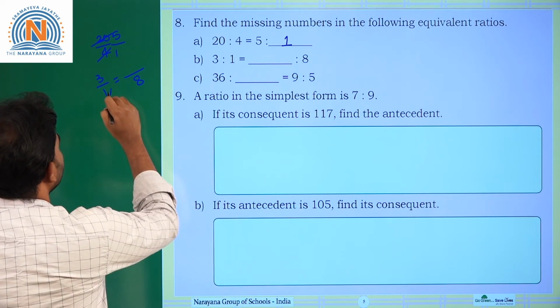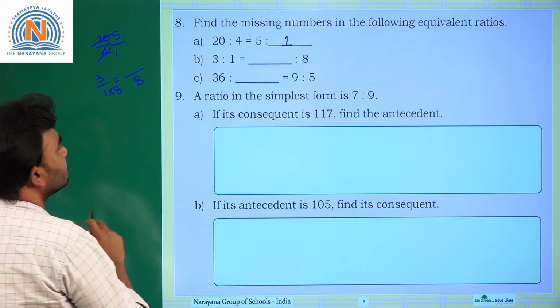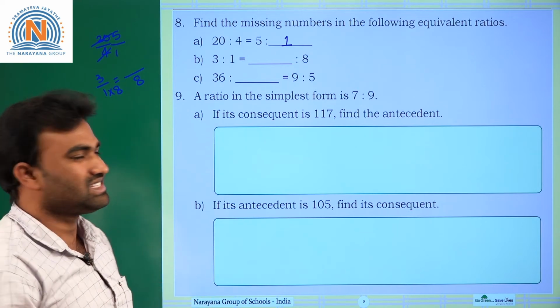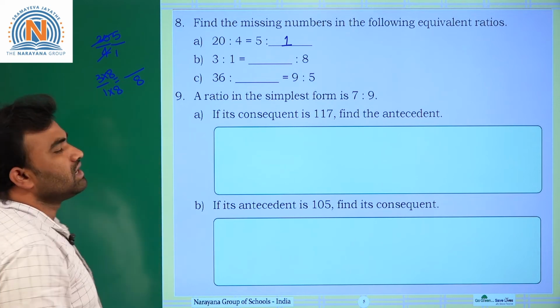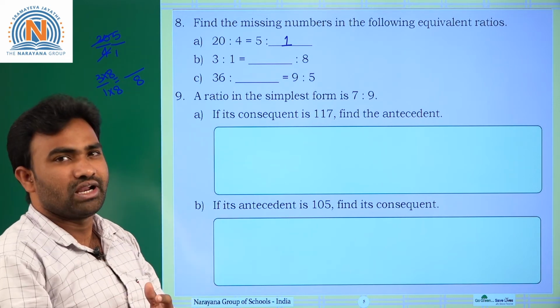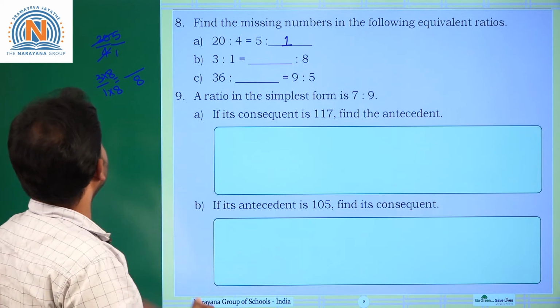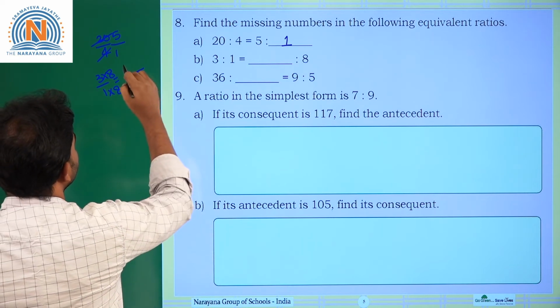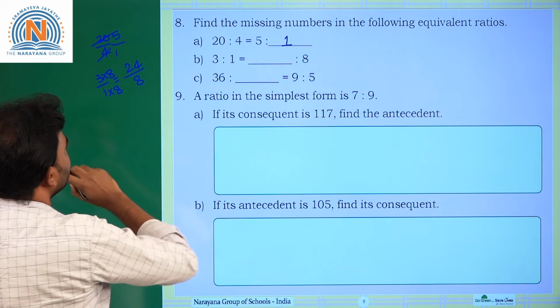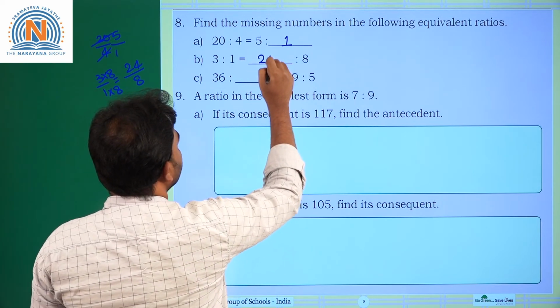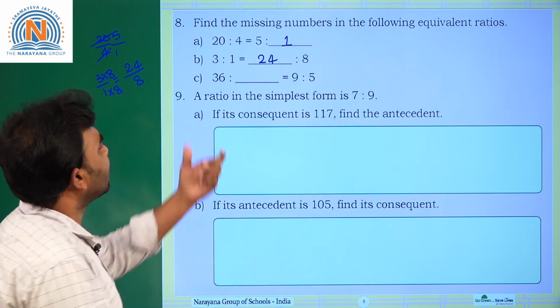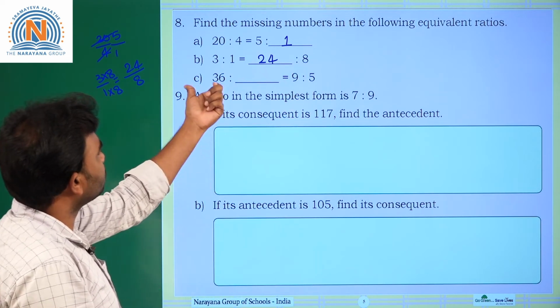See here in the denominator, if we multiply with 8, we will get the denominator as 8. Then when we multiply with 8 in the denominator, we also must multiply with 8 in the numerator. 3 eights 24. So the answer is 24 is to 8. That is the equivalent ratio of this.